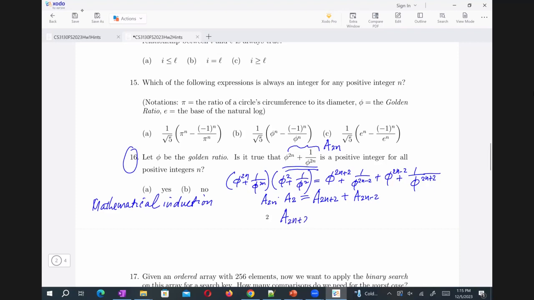When you see this formula, this is the formula that we need to use to get a conclusion for the mathematical induction.